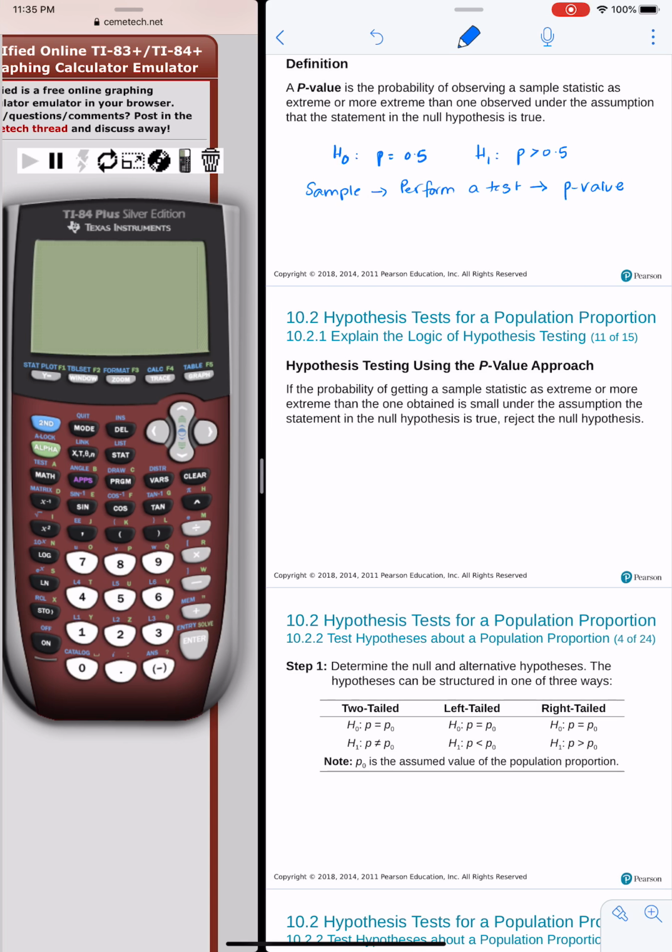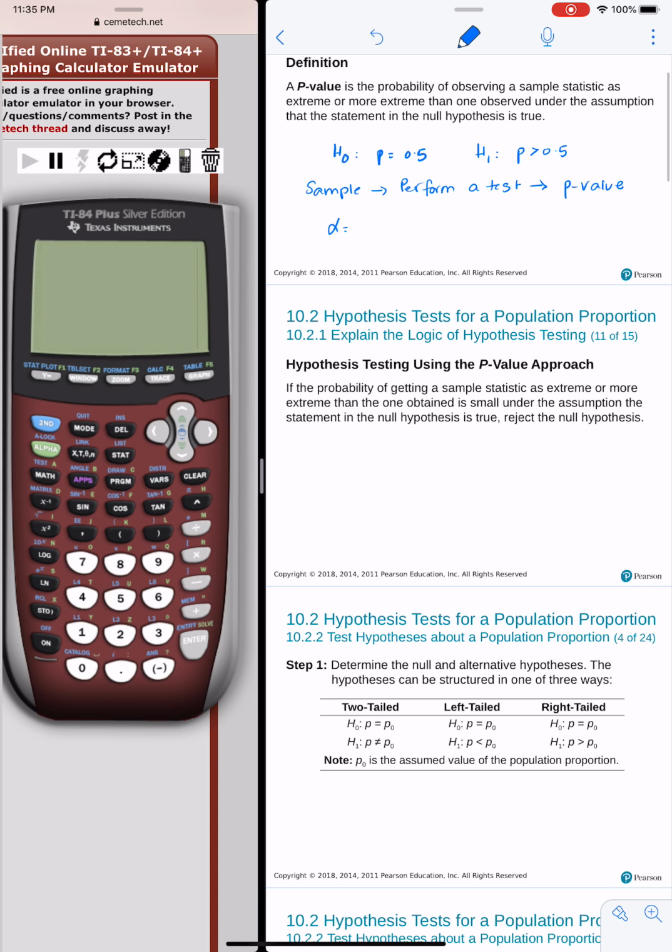So once we have the p-value, we know alpha, which is the level of significance chosen by the researcher.